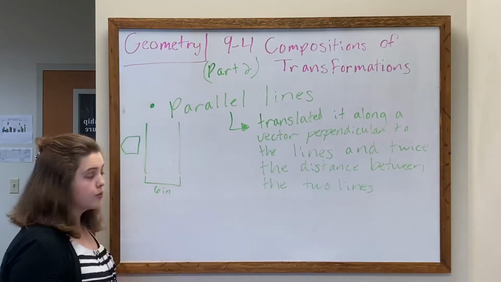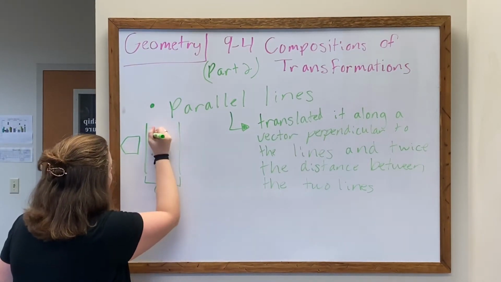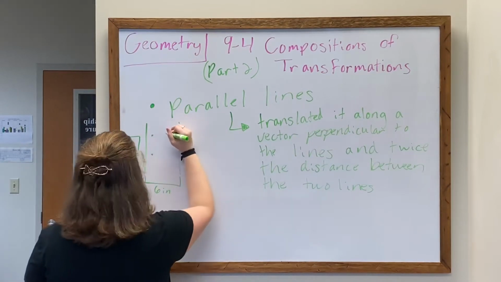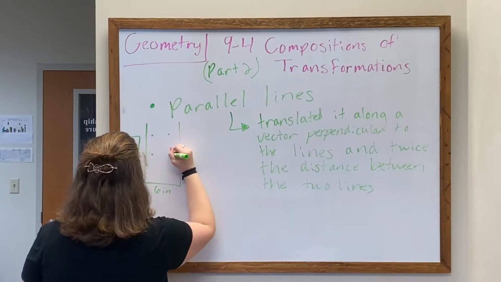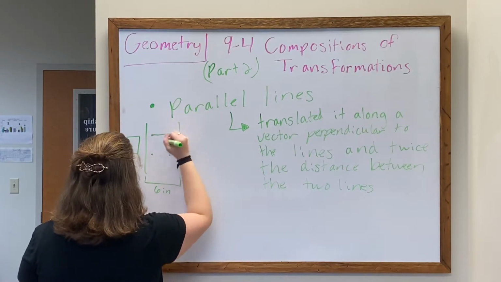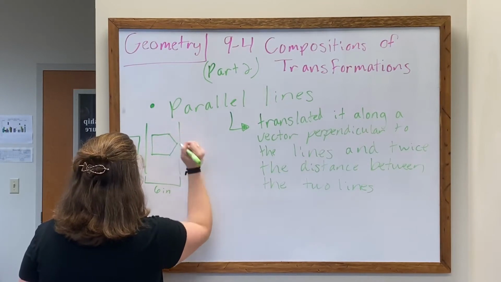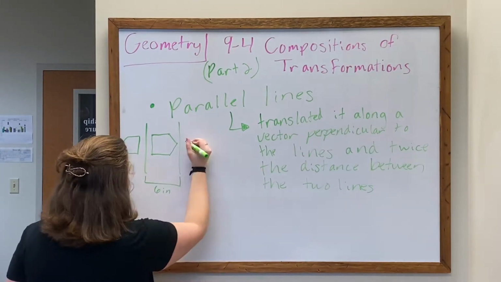Now you could go through and measure out what is this distance and put your point, and then your next one and your next one and your last one, and then do the same thing to this side.